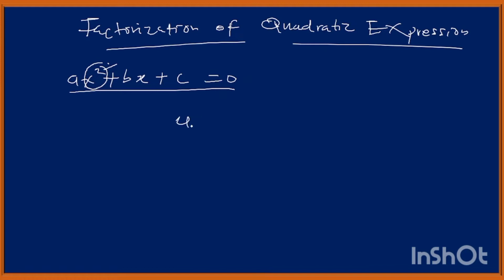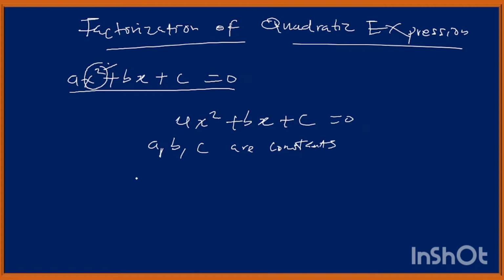Let us say ax squared plus bx plus c is equal to 0, for example, where x is the variable, a, b, and c are constants, and a is not equal to 0.